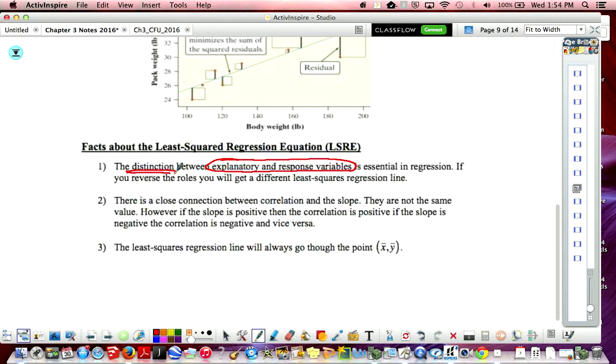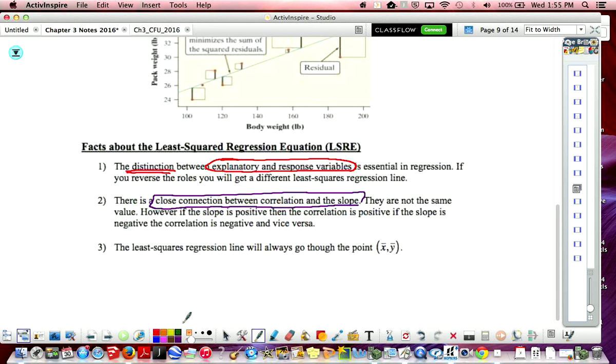Now, later on, what we're going to see here is there is a close connection between correlation and slope. They are related to each other in that if the slope is positive, so is the correlation. If the correlation is positive, so is the slope. And vice versa, meaning if it's negative and negative. They're connected that way.